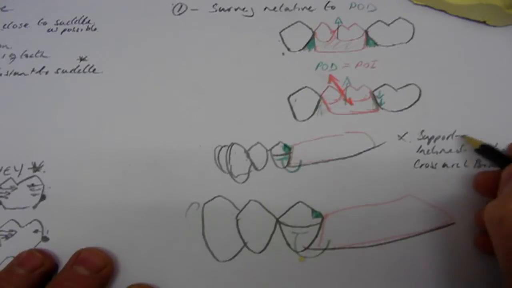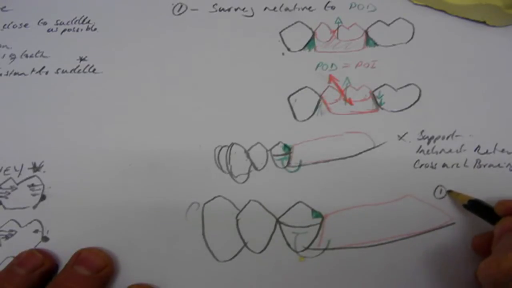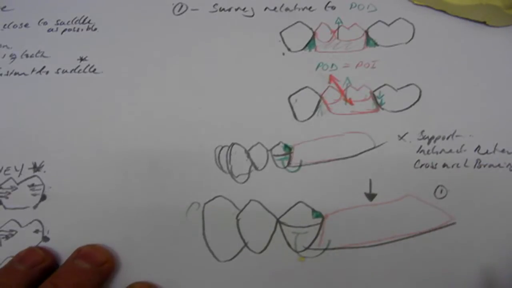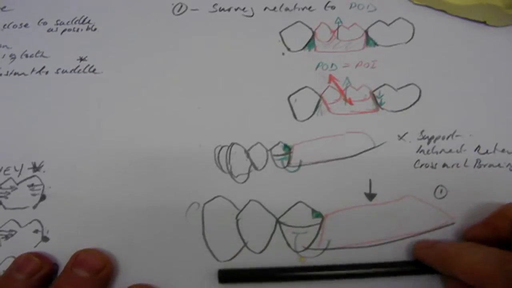When you're thinking about support to start with, and support is this resistance to movement down towards the mucosa, remember. What happens in this scenario?